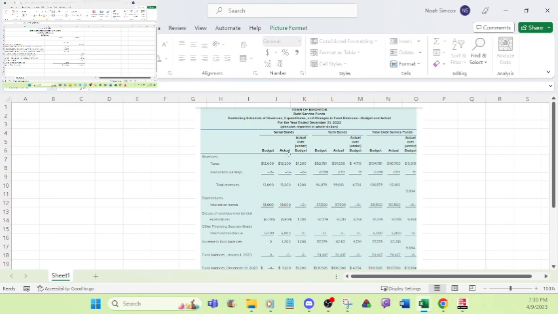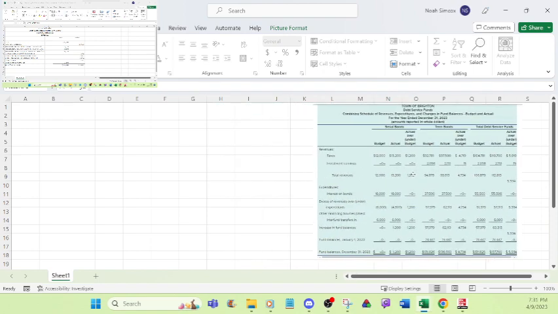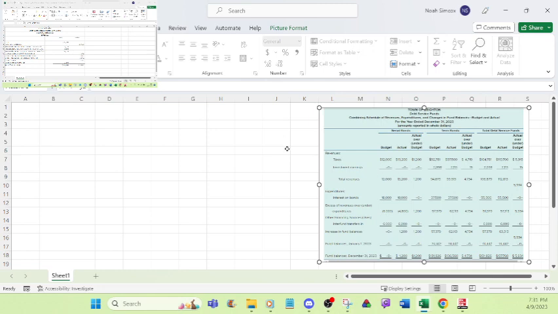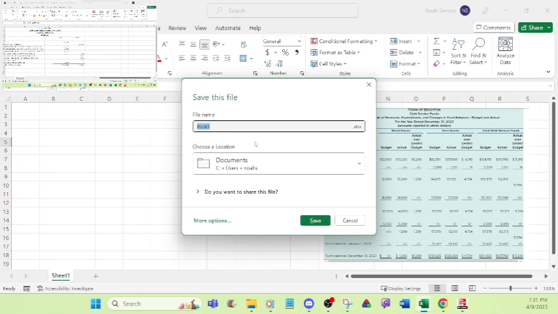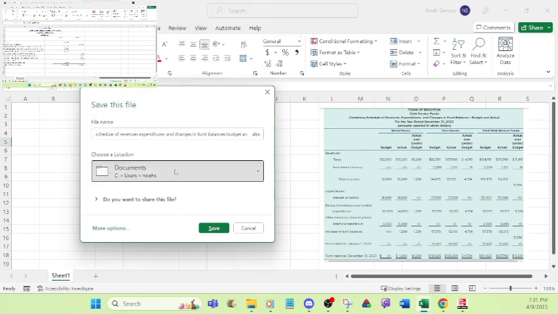Okay, well, this is not going to be so easy to use when it's this tiny.